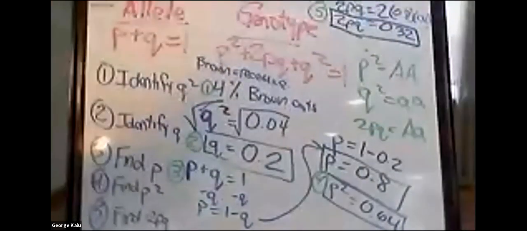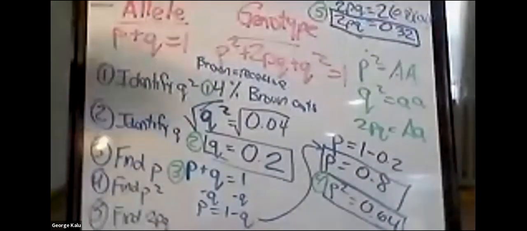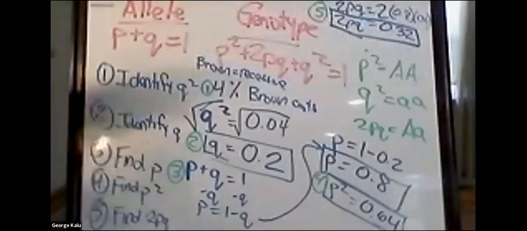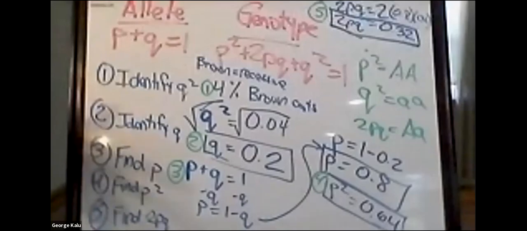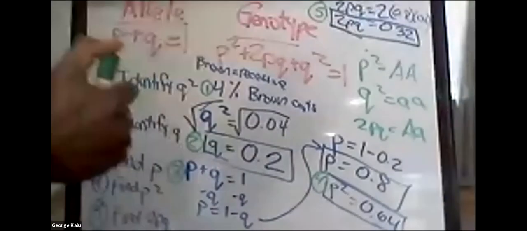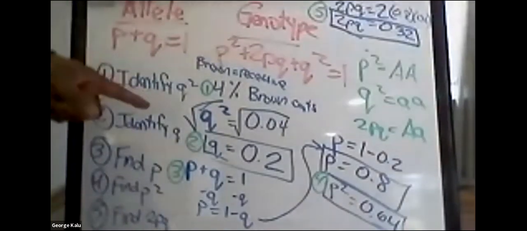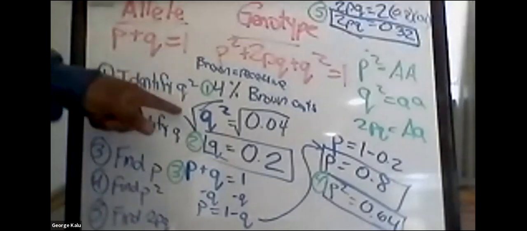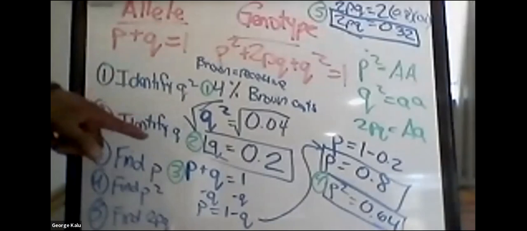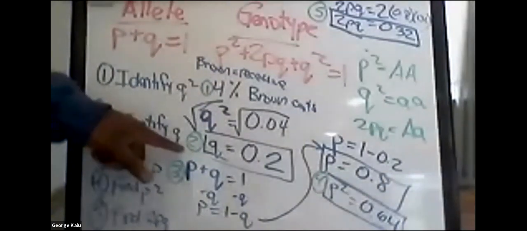Okay, so that being said, this tells us what we should see if there is no evolution occurring. If Hardy-Weinberg equilibrium is holding true, these are the values we should see in nature. Based off of our calculations, we should see that 4% of the cats should be brown. The brown allele should be present in 20% of the population.